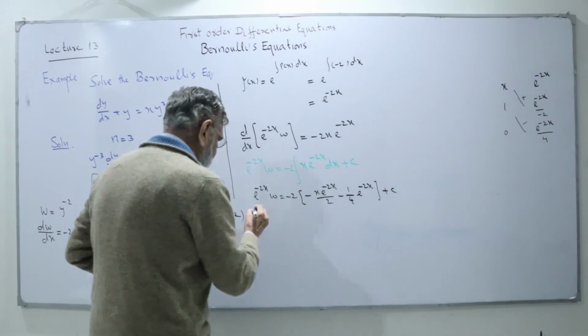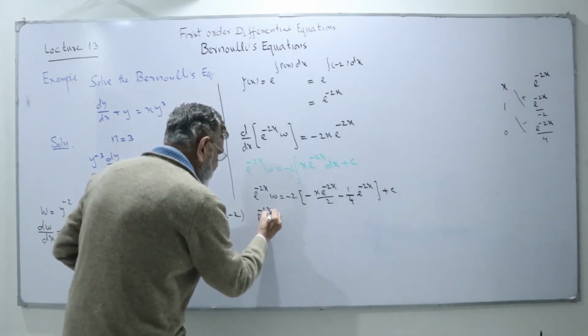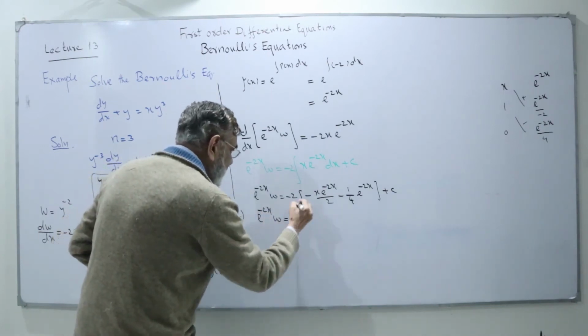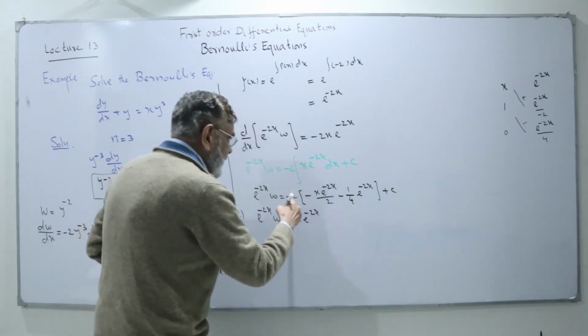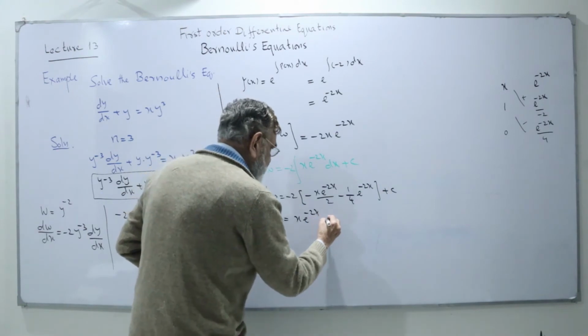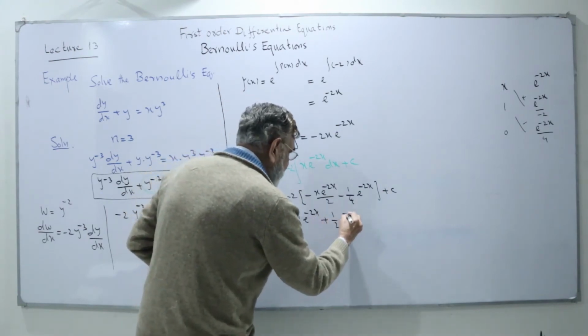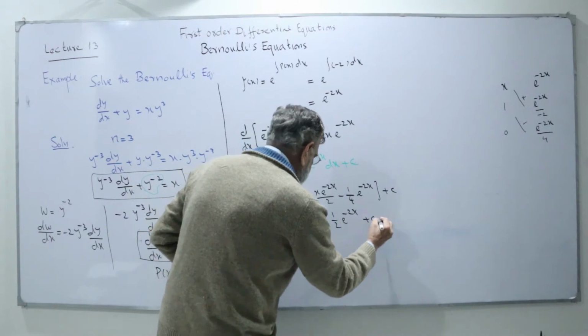Multiply by minus 2, we get e to power minus 2x w is equal to minus plus, 2 is cancelled with 2, we get x e to power minus 2x. Then this minus plus becomes 1 by 2 e to power minus 2x plus constant c.